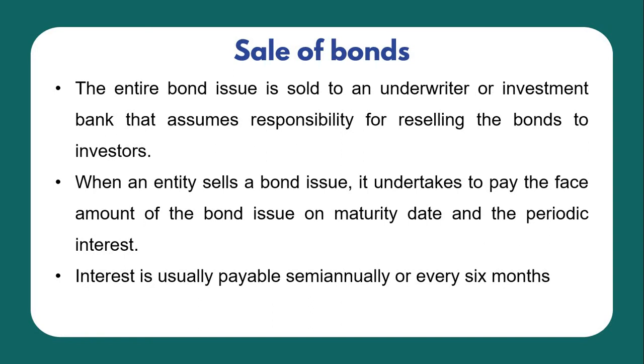That is semi-annually. But of course, when the issuing entity and the bondholder agree to pay interest on an annual basis, then there's no problem. But again, usually interest payment is payable every 6 months or semi-annual.